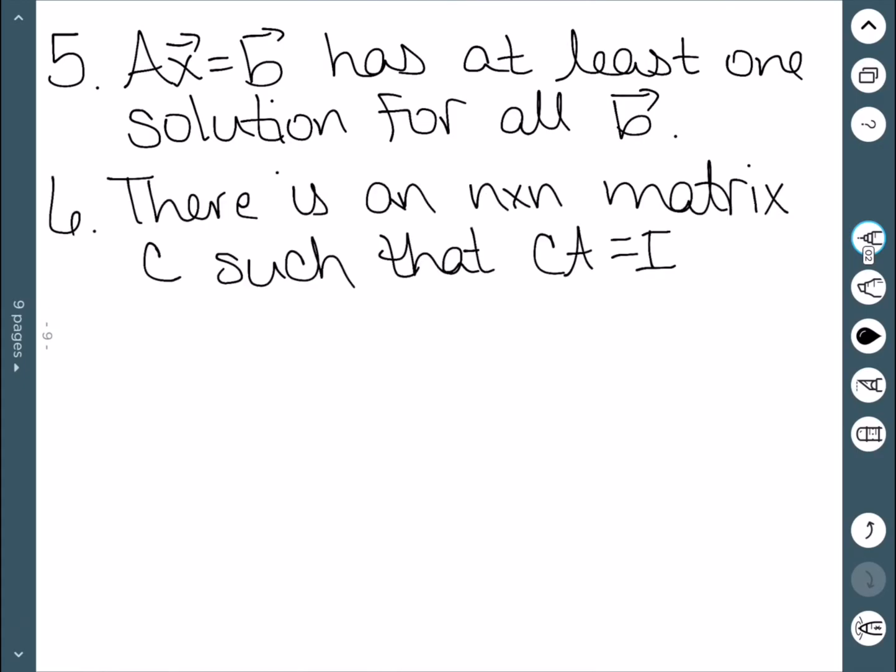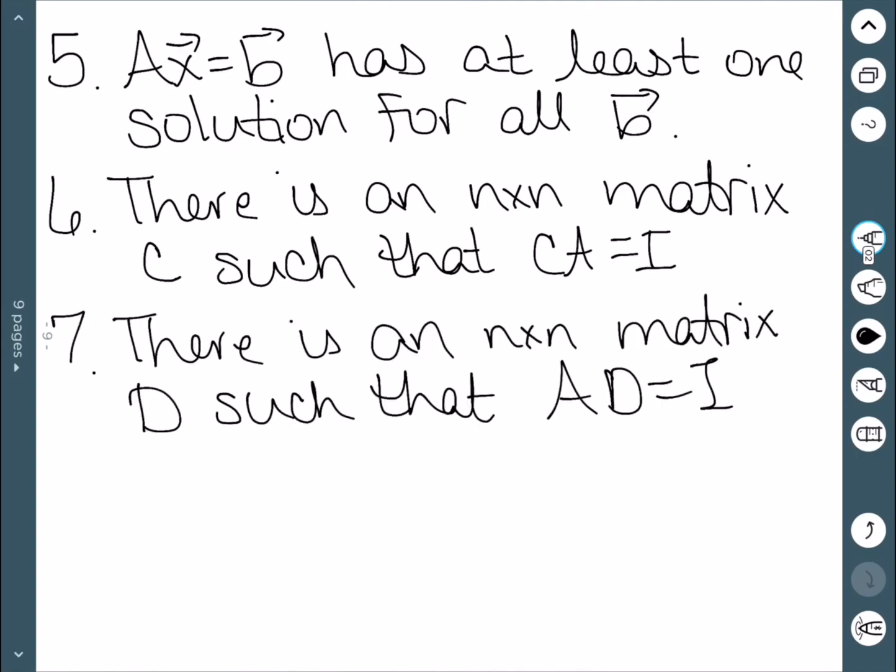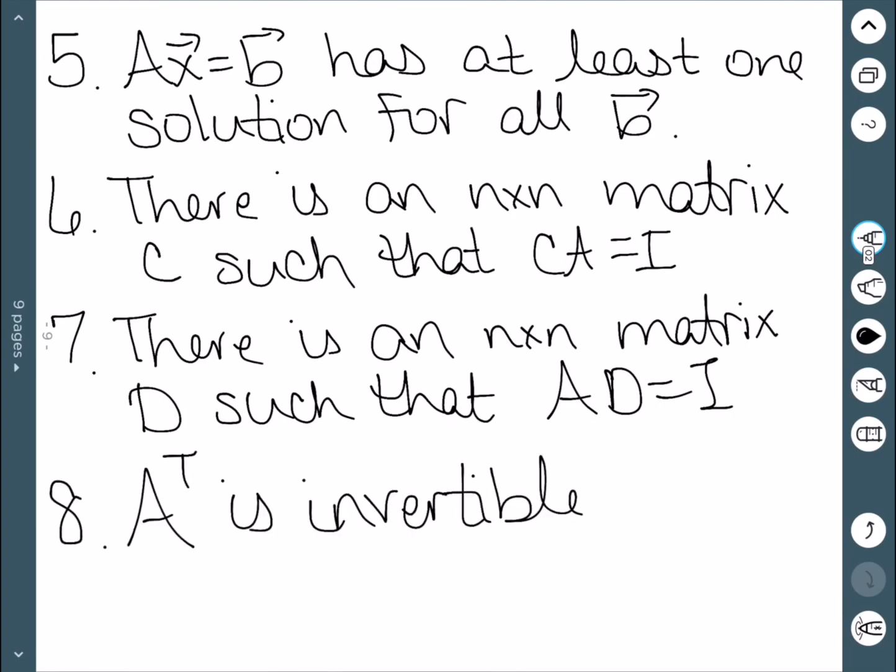Part 6, there is an n by n matrix C such that C times A is the identity. For 7, similar to 6, this time there's a matrix D such that AD is equal to the identity. And then the very last part, A transpose is also invertible.